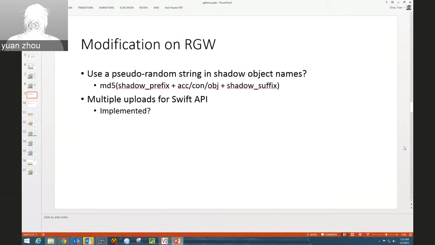So the first is, is it possible to use some pseudo random string in shadow object names? I mean, we can rely on some MD5 of the entire URL of the container, object, account names, instead of, currently, some base 64 strings in these shadow names?